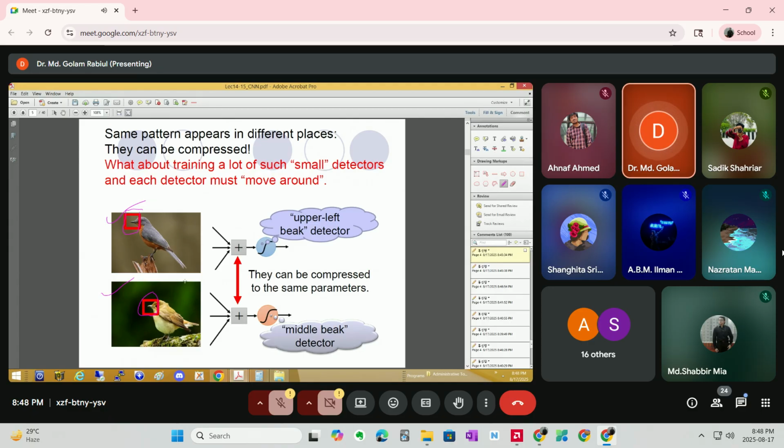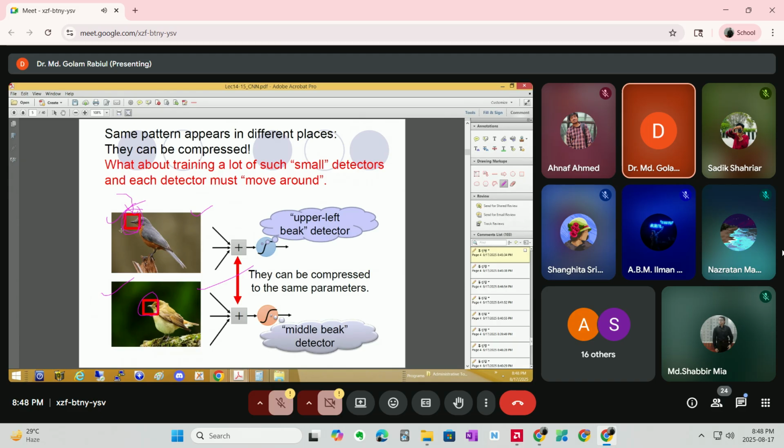So how can we think about finding the beak? In that case, we have to search for the beak in the whole image, and in this whole image also. Then maybe we will find the beak for this bird in the upper left corner, but for the other bird we will find it in the middle.